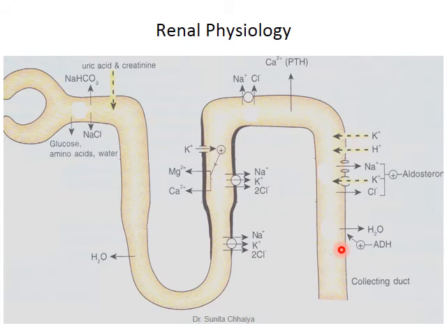If more water channels are there, more water is reabsorbed and ultimately 1.5 liters of urine is excreted. So the absorption of sodium and secretion of potassium is influenced by aldosterone, and the reabsorption of water is influenced by the antidiuretic hormone. So this is a brief outline about the renal physiology. We have not discussed the major aspects in detail, but where the diuretics basically act, that we have covered in renal physiology.